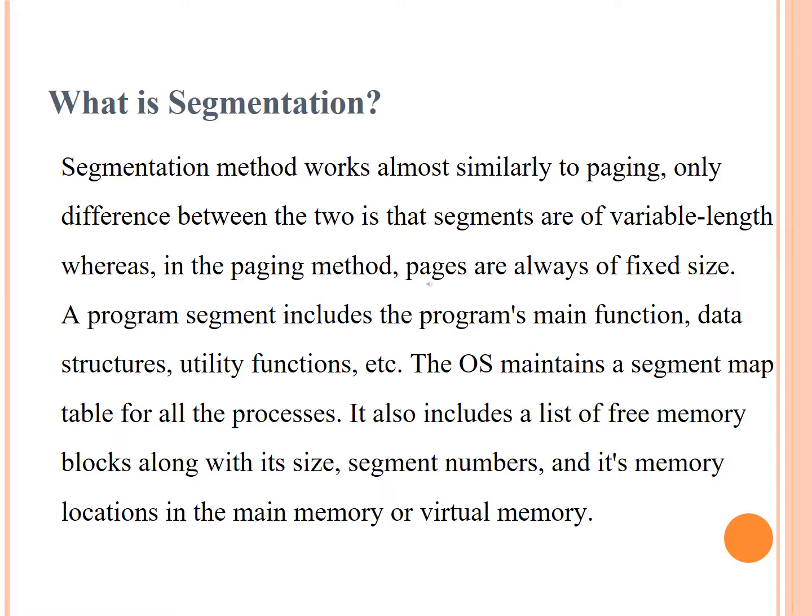A program segment includes the program's main function, data structures, utility functions, etc. The operating system maintains a segment map table for all the processes. It also includes a list of free memory blocks along with their size, segment numbers, and their memory locations in the main memory or virtual memory.